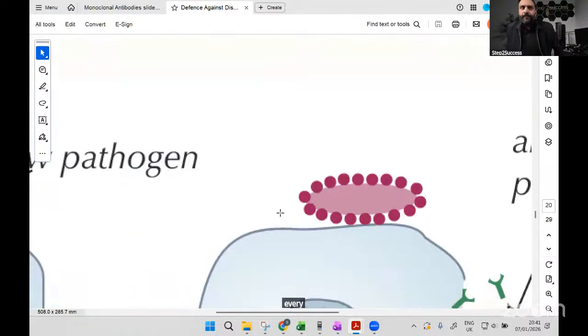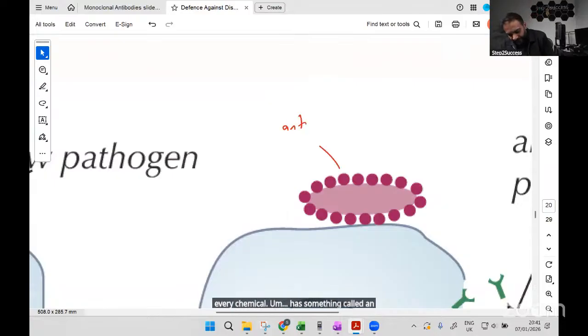every chemical has something called an antigen, which is a unique shape around its outside. Think of it as like a barcode. That's like its unique identifier. It tells you what it is exactly. Every chemical has that. Now, we talk about antigens in the context of bacteria and viruses. Yes, they do have antigens, but so does basically everything. That's important.